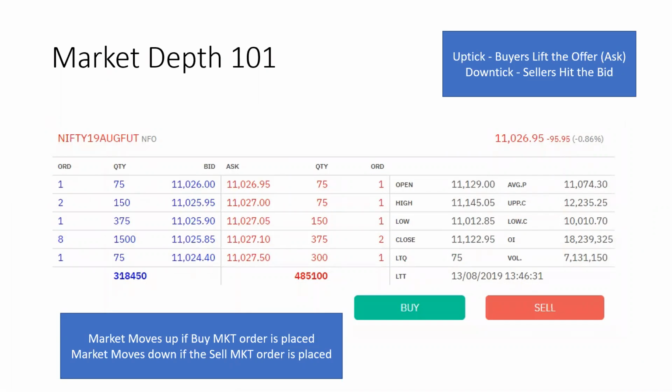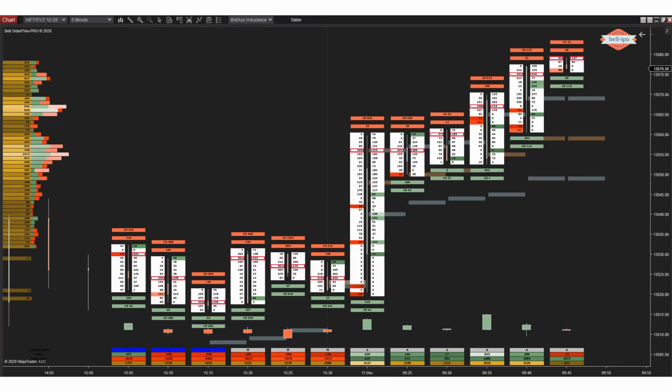Many people have confusion about the difference between order flow and order book. Very simple. Order flow always shows the executed transactions. If it is executed by the buyers, you'll see it on the buying side, which is on the right hand side. If you are seeing any execution on the left hand side, those are mostly made by the sellers.